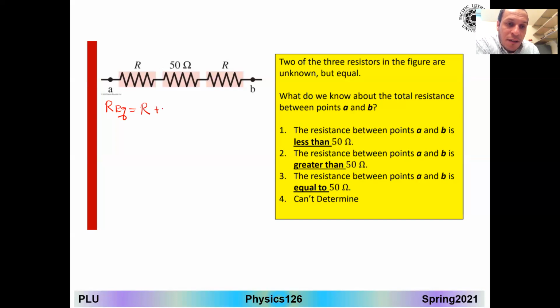So it's R plus 50 ohms plus R, and you end up with 2R plus 50.